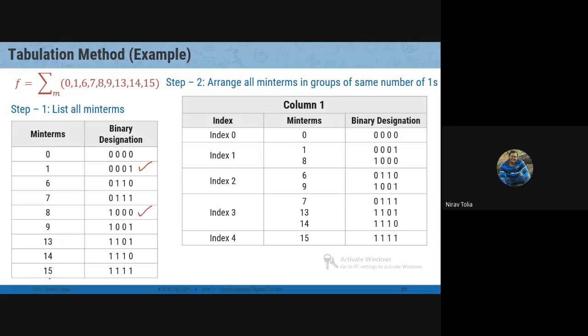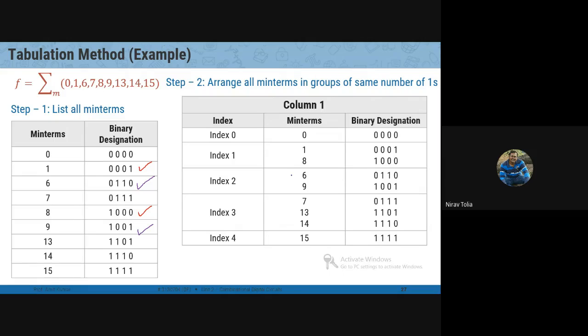Then index 2 means the min terms which have 2 ones in their binary representation. You can see 6 has 2 ones, 7 has 3, and 9 has 2. So 6 and 9 make a group.